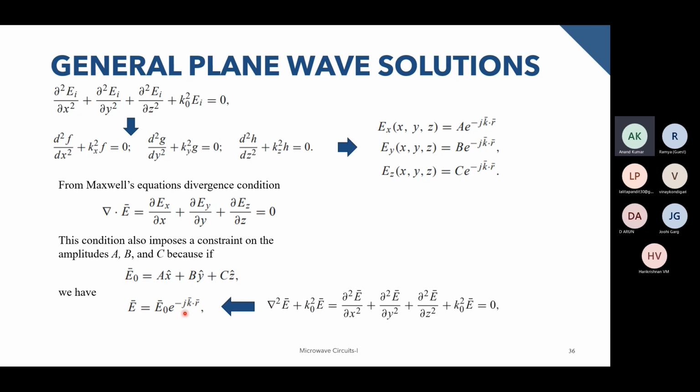Its final solution will be of this form, where E equals E naught e power minus j k dot r, and E naught is given by A x plus B y plus C z, and the exponential terms we have already defined in the previous slide, where k is the wave number vector, and r is the point in space at which we are referring.